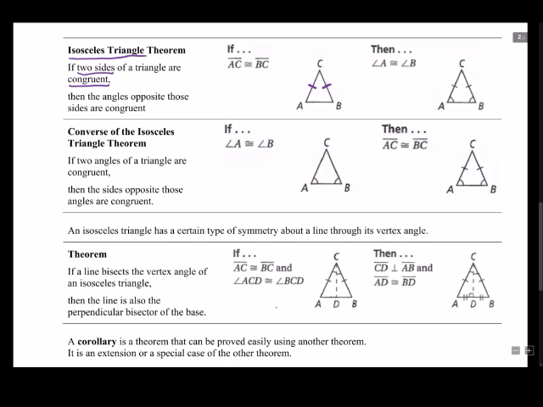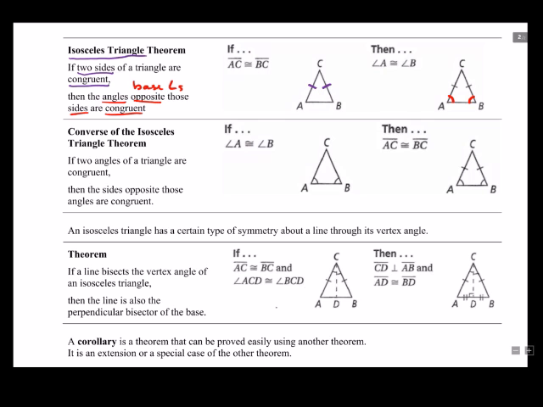Then the angles opposite those sides are congruent. These angles right here. So if we have an isosceles triangle, the base angles, these are our base angles, are congruent. Now you probably knew this about isosceles triangles, but now we have a theorem that we can use that shows it.